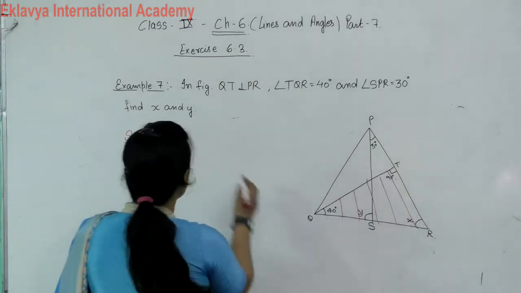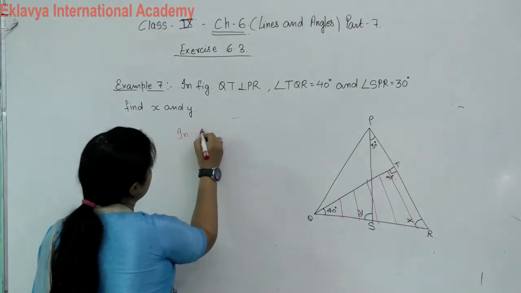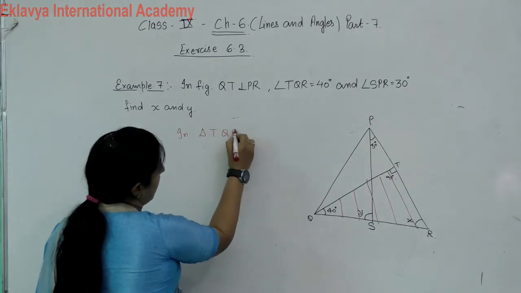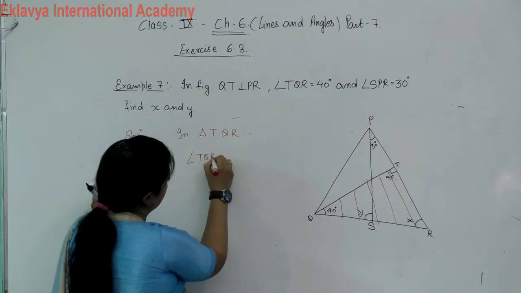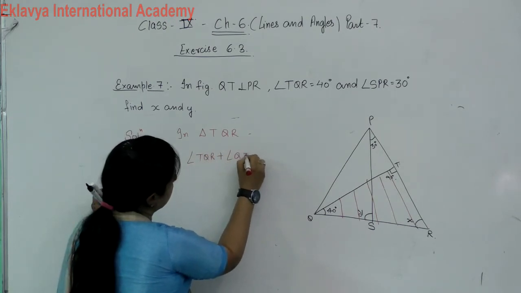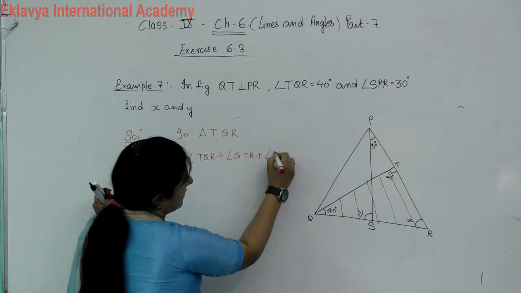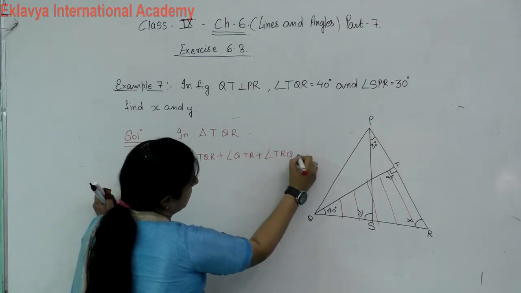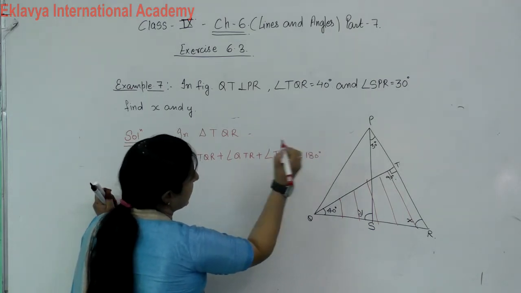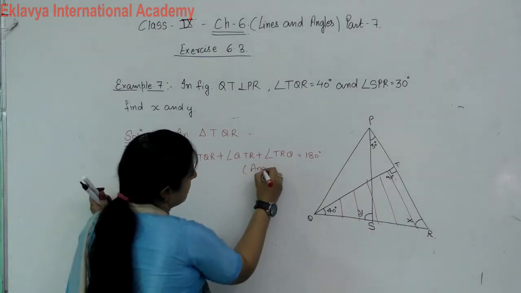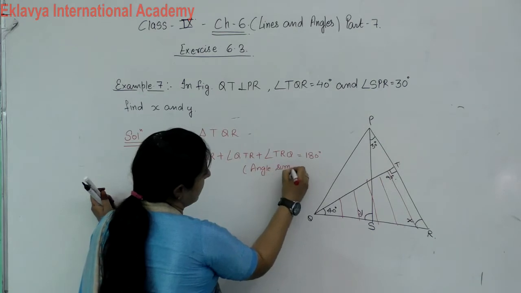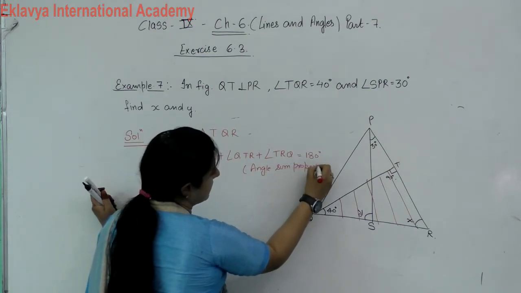So we can write down in triangle TQR that TQR plus QTR plus TRQ is equal to 180 degrees. Reason: angle sum property of a triangle.